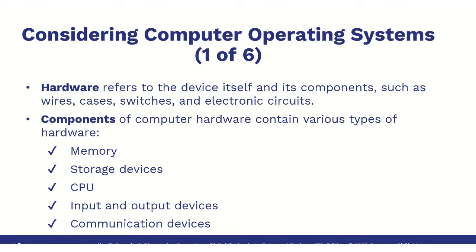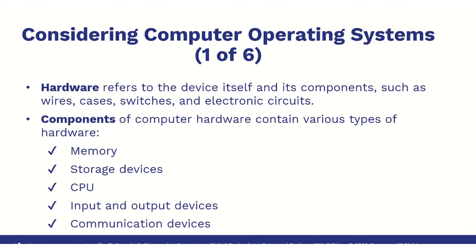But device hardware is more than that. You have the disk drives inside the computer. You have the memory cards. You have the printer devices. All those things are considered hardware.